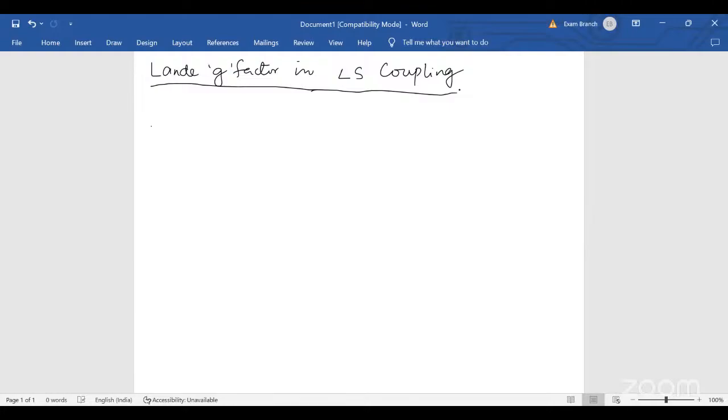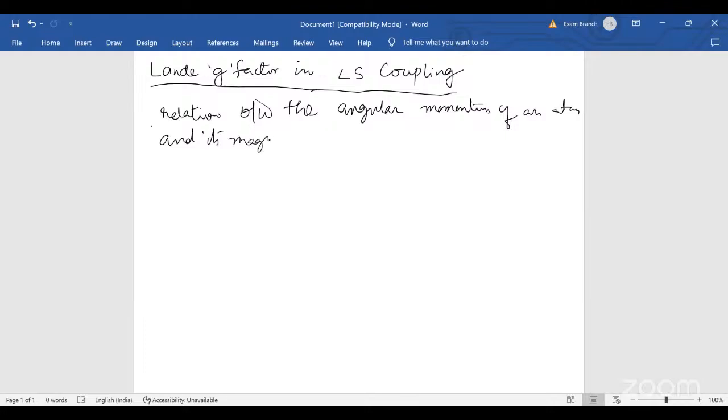It is a quantity that describes the relationship between the angular momentum of an atom and its magnetic moment in the presence of a magnetic field.